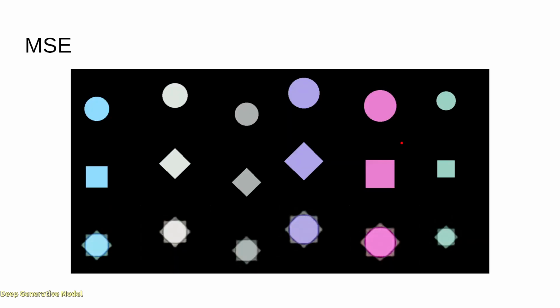So let's see first for mean square error. You can see that the result is an average image of the two possibilities. This one is the optimal result if you are using the mean square error as the loss, because mean square error works pixel-wise, and it doesn't have anything related to the structure of this square.